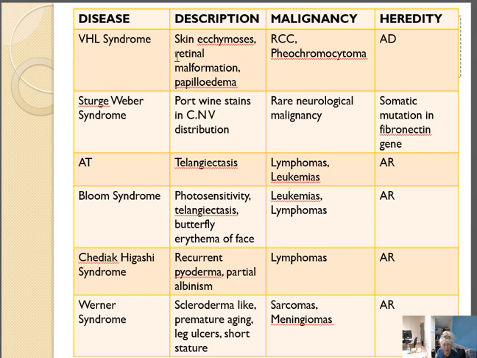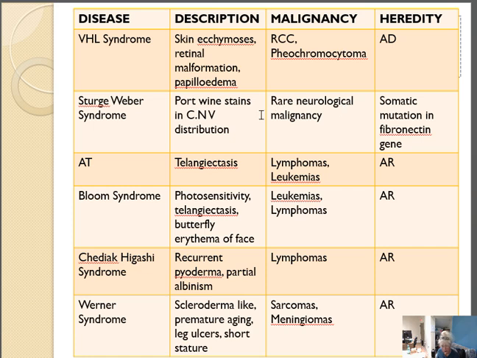Von Hippel-Lindau, you get skin ecchymoses, retinal malformations, papilledema. You see this in renal cell carcinoma and pheochromocytomas. Also hereditary autosomal dominant. Sturge-Weber, you get the port wine stains in the cranial nerve 5 distribution.